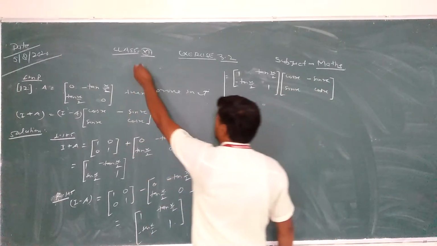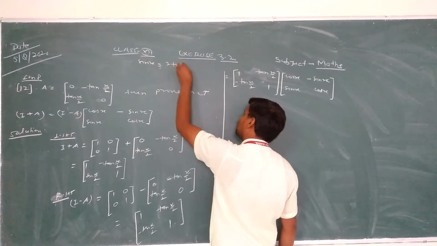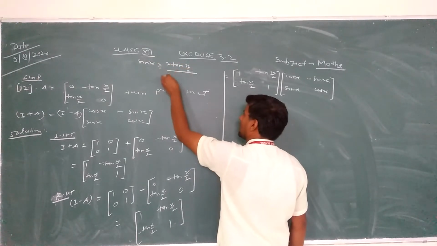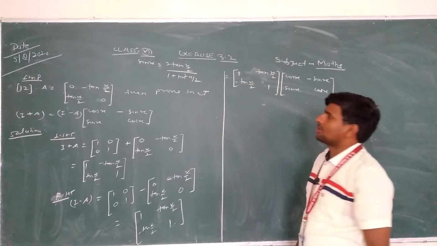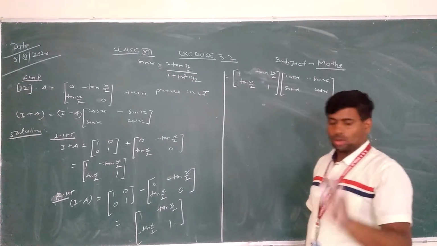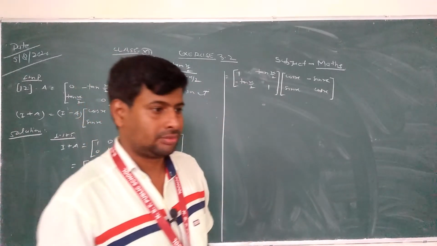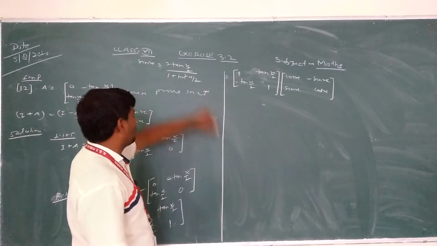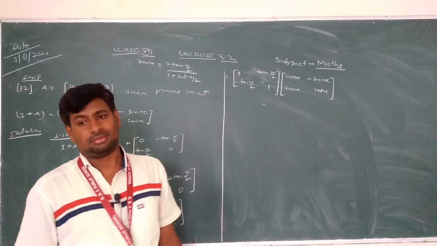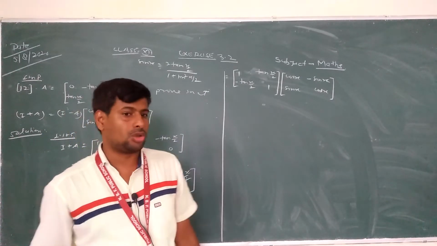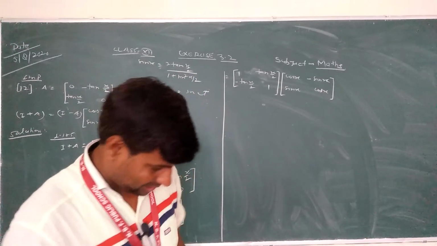You know that sin x equals 2 tan(x/2) by 1 plus tan square(x/2), and cos x equals 1 minus tan square(x/2) divided by 1 plus tan square(x/2).